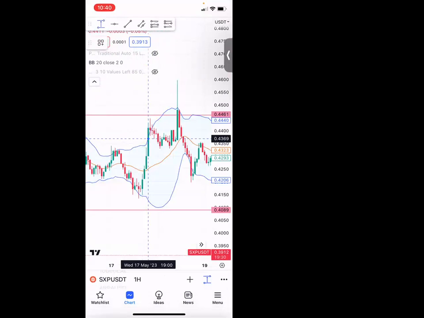I would enter on this candle, and then target the upper band. However, you realize that someone would comfortably move away with that 1.3.